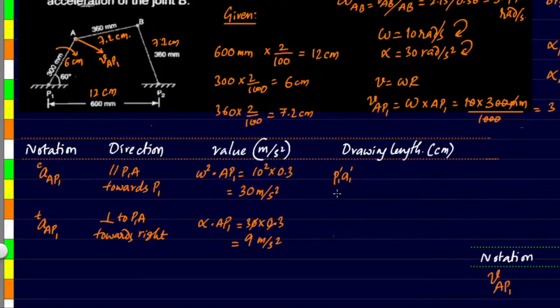So we will have to take a temporary point in the middle, that will be P1 dash PA dash. Okay, so this will be representing the acceleration in our diagram.